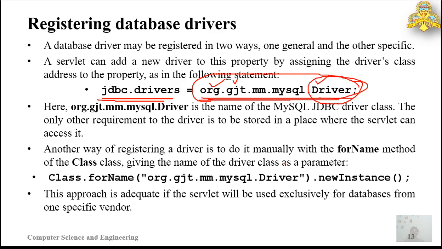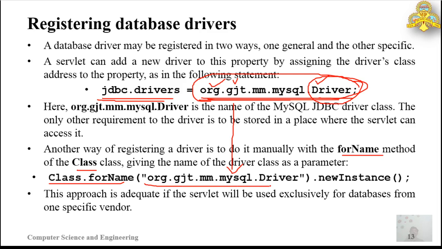Another method, which is suitable for the web environment, is using the forName method of the class Class. Observe here, Class.forName, whatever name I have provided in the previous method, that is the path for the JDBC drivers, I will use it.